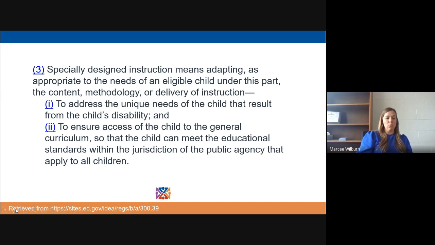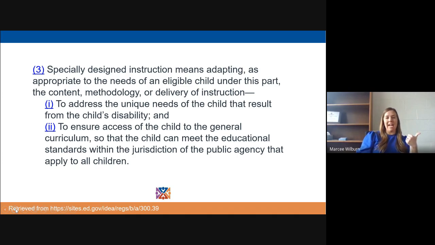Now let's look at the why. Going back to what Tracy said, accessing the curriculum. Why else do we need to provide specially designed instruction for students who are eligible to receive services? We have one of them, but we know there's 3.